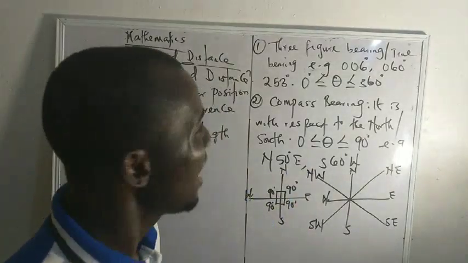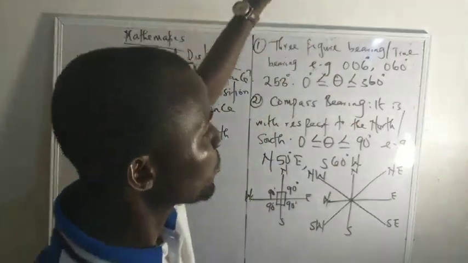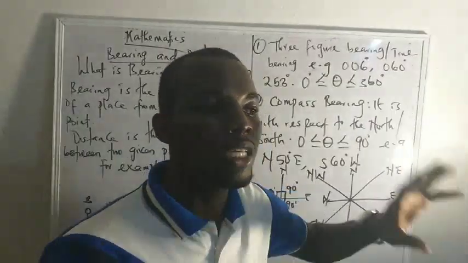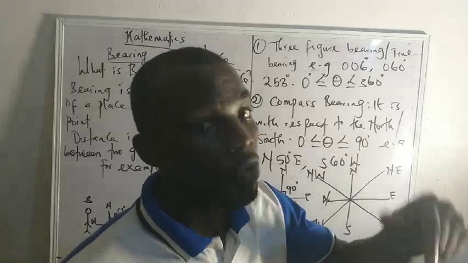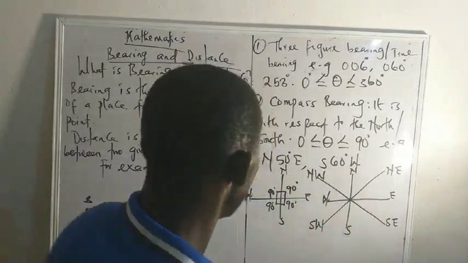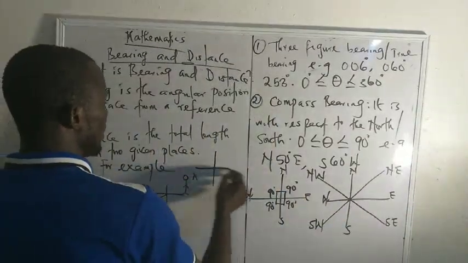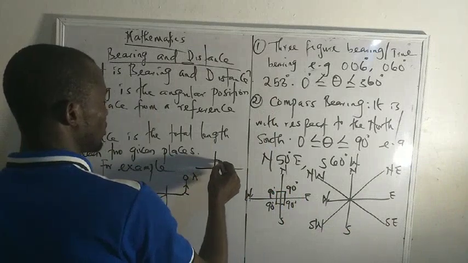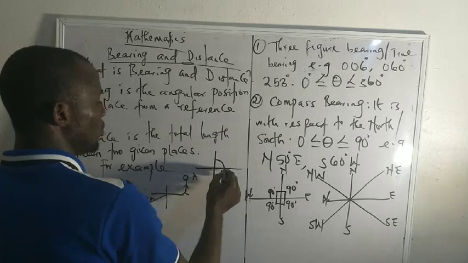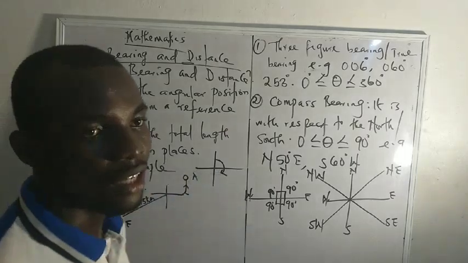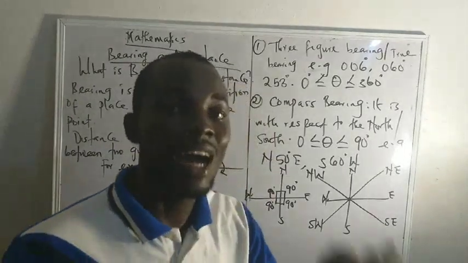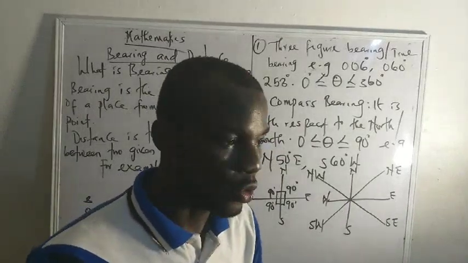So you have it. And note that bearing is always measured clockwise. It means that if I'm drawing the angle, I go from the north. You can see the arrow is going clockwise. So that is how we measure our angles in bearing.